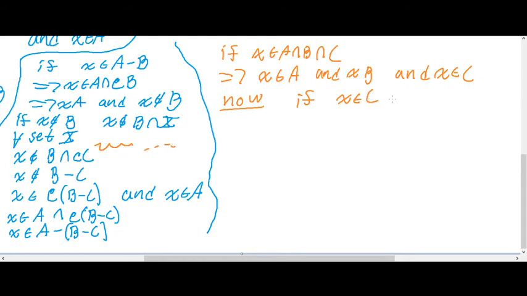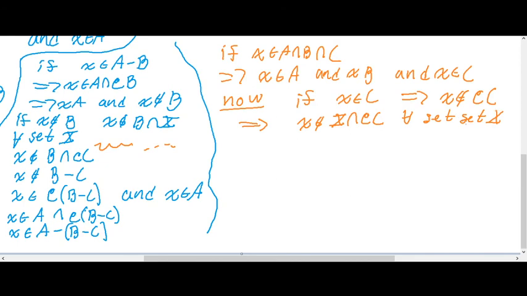If x is in C, this implies that x is not in the complement of C, because if x is in C, then it can't possibly be in the complement of C, since the complement of C is everything that is not in C. So if it's not in the complement of C, that implies that x is not in X intersect the complement of C for any set X.